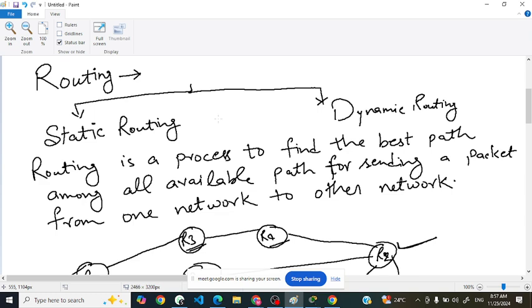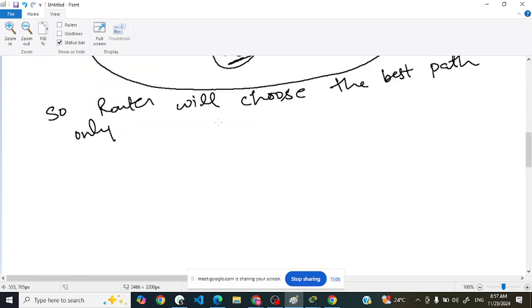Actually, it is used to find the best path among all available paths. Once we reach OSPF and static routing, we will compare them and also EIGRP. In EIGRP, the router calculates the best path on the basis of cost.